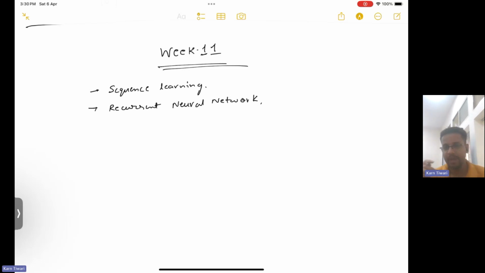As of now, we have seen two kinds of architectures. First is the straightforward neural network. The second is the convolutional neural network. So this is a third neural network which we are going to be seeing. And we'll be talking about some of the problems it has, that is backpropagation through time, vanishing and exploding gradient.